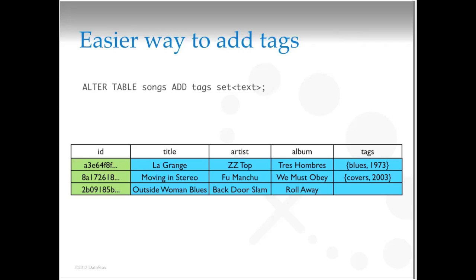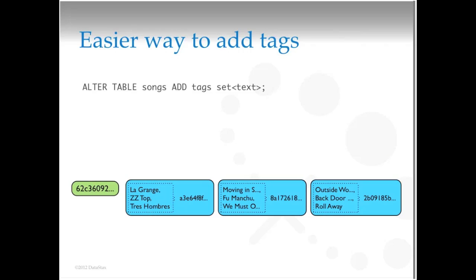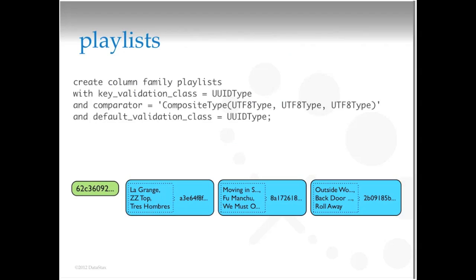So the last example I wanted to talk about here was the playlists themselves. So the way we do that in the Thrift world is we're going to say that each song in a playlist is going to be this composite column where the cell name is composed of the different pieces of data that we want to track for that song.